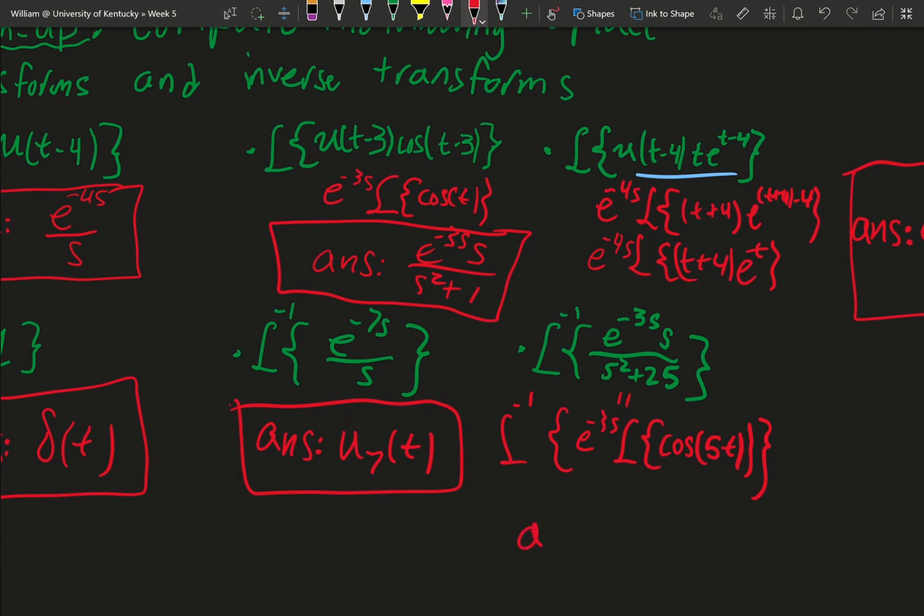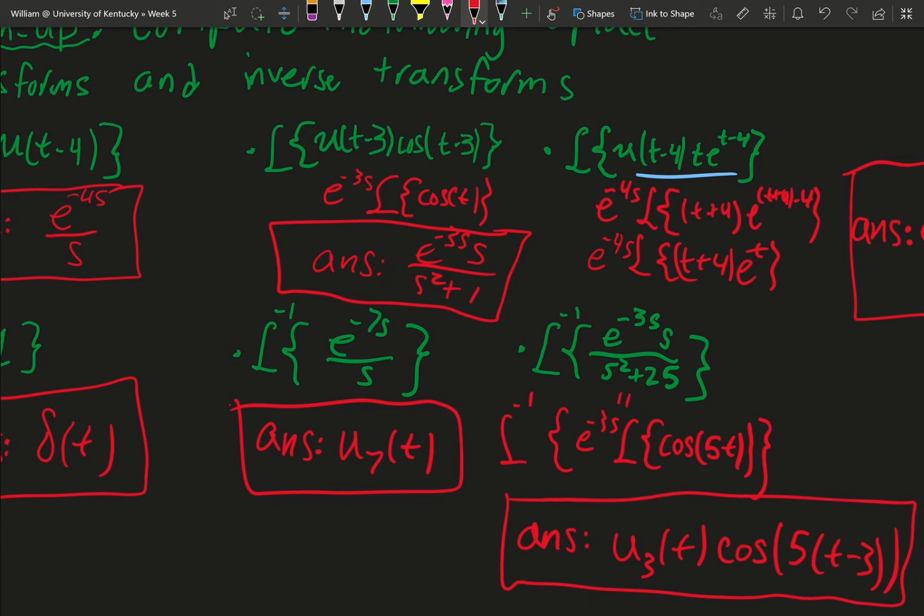So with that, we can see that our answer is going to be the Heaviside function times cosine of 5t minus 3.